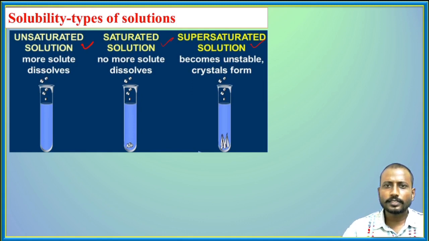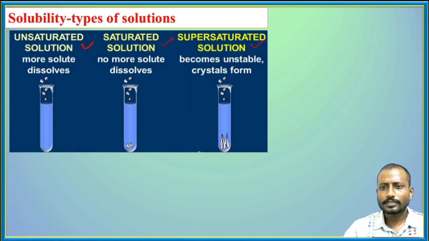Then supersaturated solutions. So in order to make a thick sugar syrup for gulab jamun, you take that sugar solution and heat it on the stove. That solution you treat as a supersaturated solution. Cool it to room temperature, and whatever that solution is, it is called a supersaturated solution.